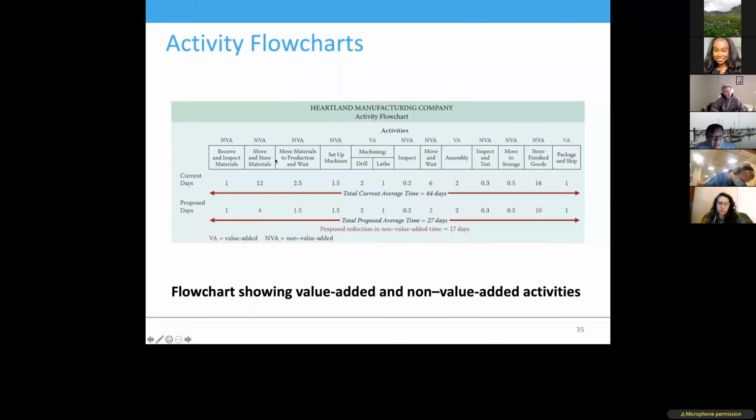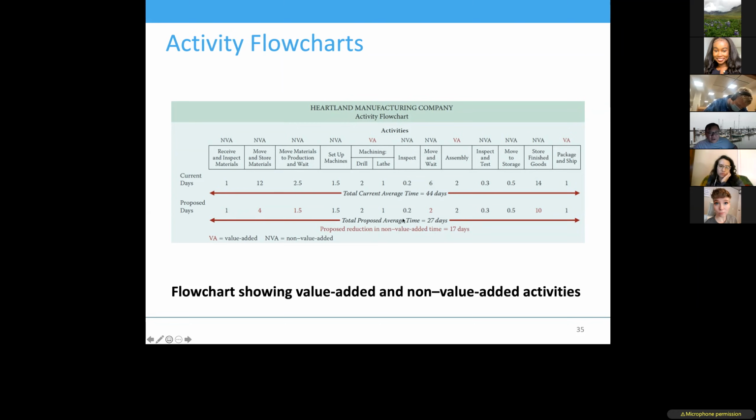You can see that in the current situation, this whole chain takes 44 days. They propose this will be reduced to 27 days, from 44 days to 27 days. So they want to reduce the non-value added time by 17 days.